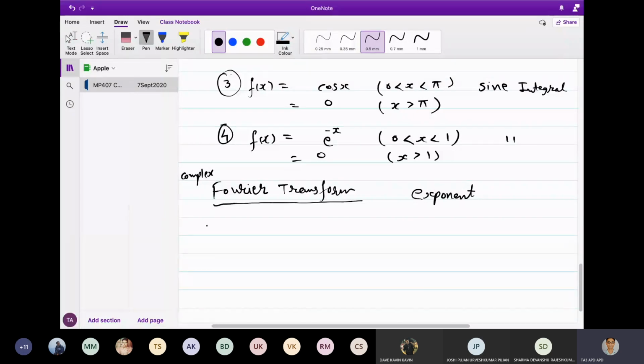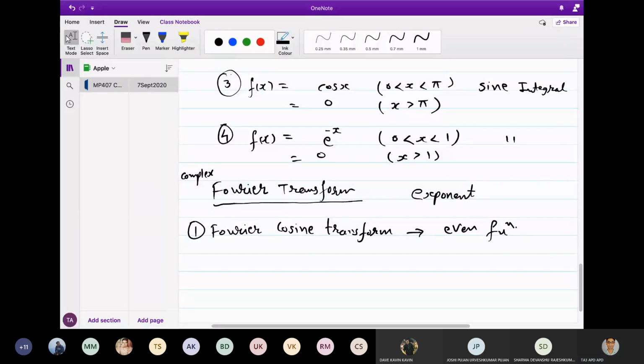Okay, so let's first look at the Fourier cosine transform. The Fourier cosine transform concerns again the even functions. So for even functions, we know what the Fourier cosine integral is.